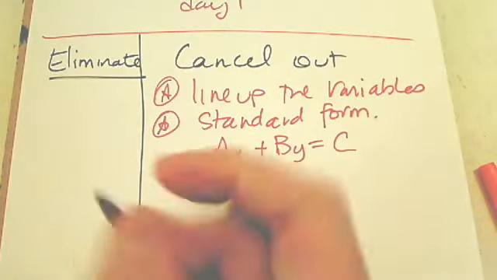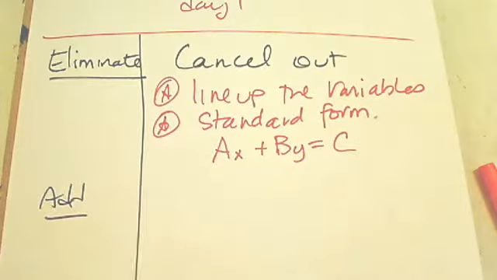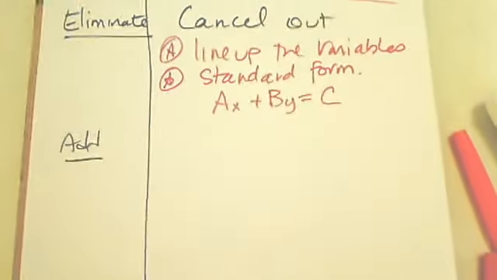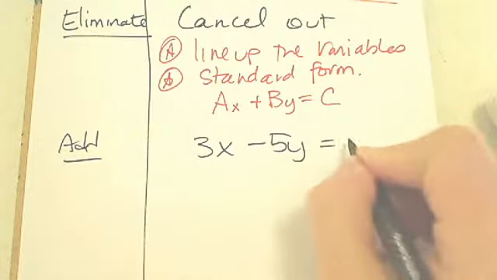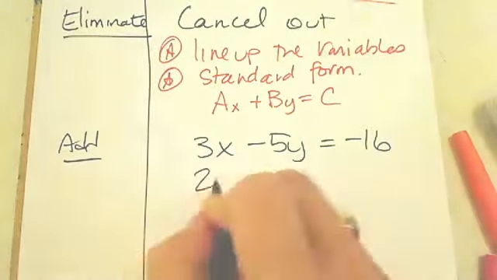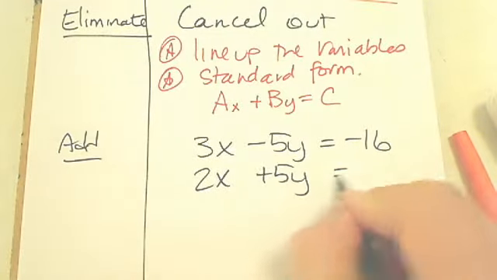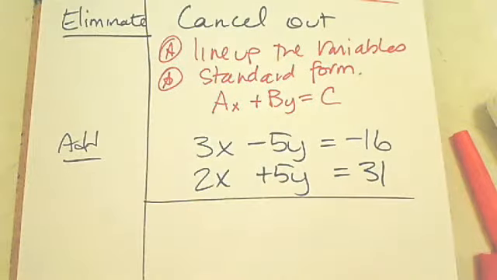Now, let me show you this one. I think it will make sense in your head. 3x minus 5y equals negative 16. 2x plus 5y equals 31. Look at that problem. Why would substitution be harder?